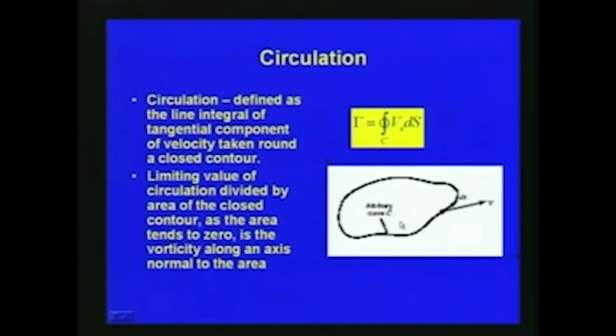So with respect to circulation also we can define the vorticity. Thus, as far as rotational flow is concerned, the rotation components omega x, omega y and omega z, and then the vorticity and circulation are very important terms, and with respect to these generally we describe the rotational fluid motion.